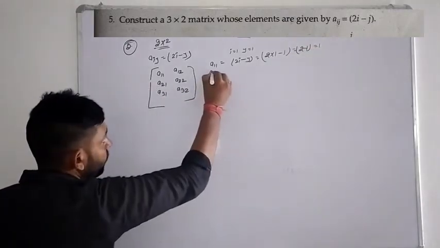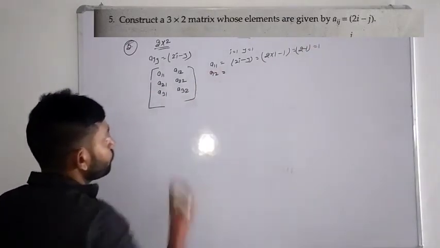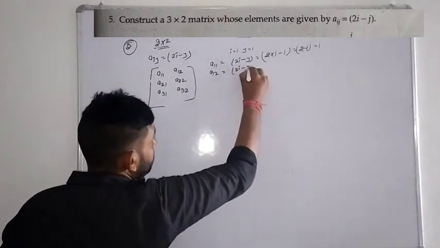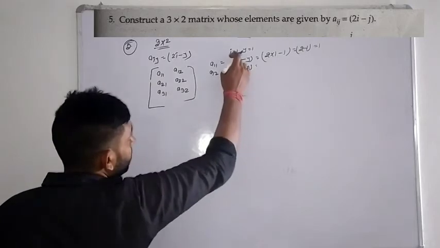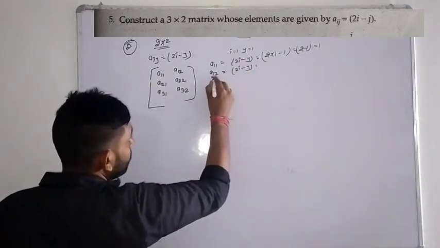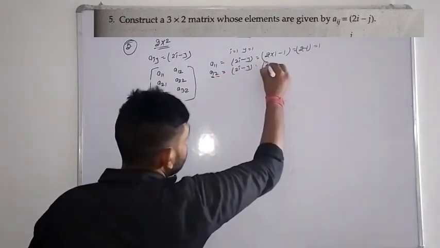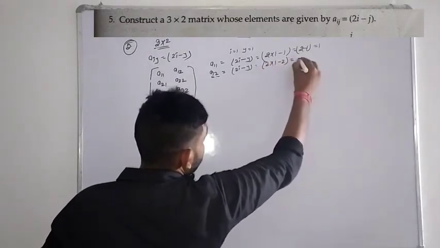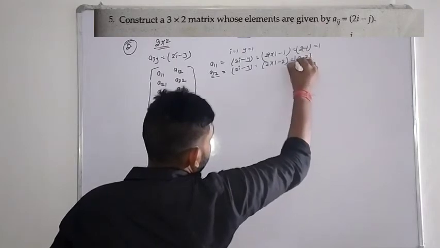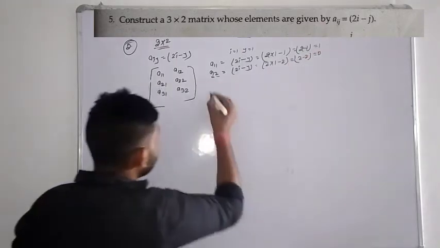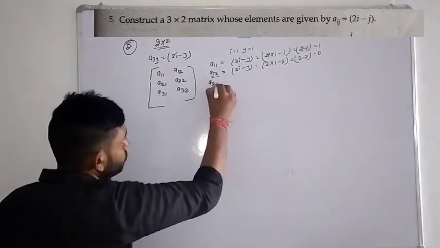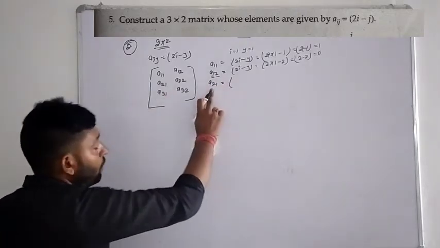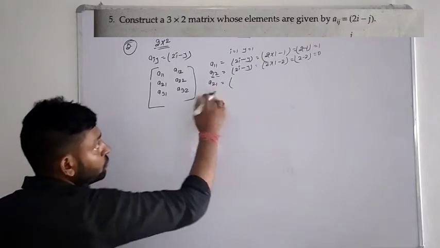Now we find the value of a12. The given formula is 2i minus j. Here i is equal to 1 and j is equal to 2. 2 into 1 minus 2, that means 2 minus 2 is equal to 0. Now we find a21. Now we put the value of i is equal to 2.